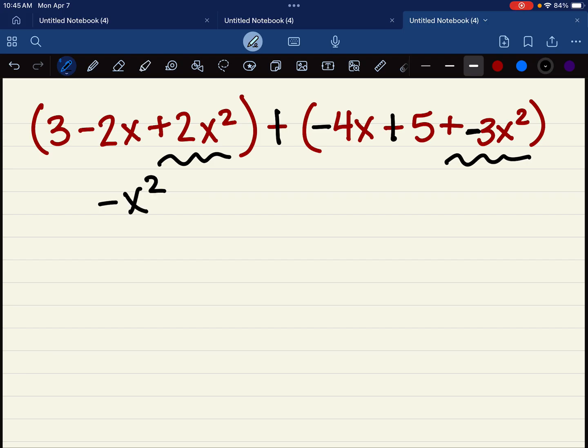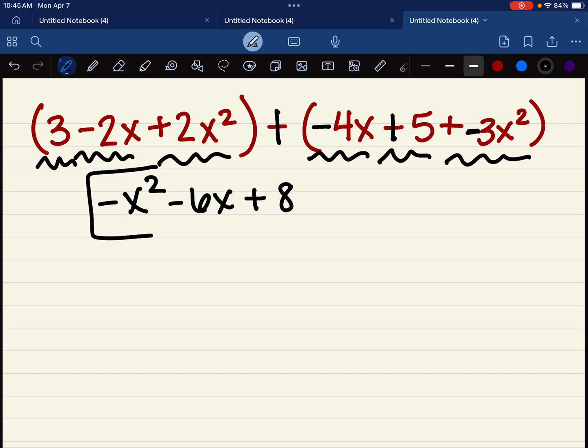What would I add together next? Make sure negative 2, negative 4 gives me negative 6x. And then lastly, just my constants, 3 plus 5, positive 8. Okay?